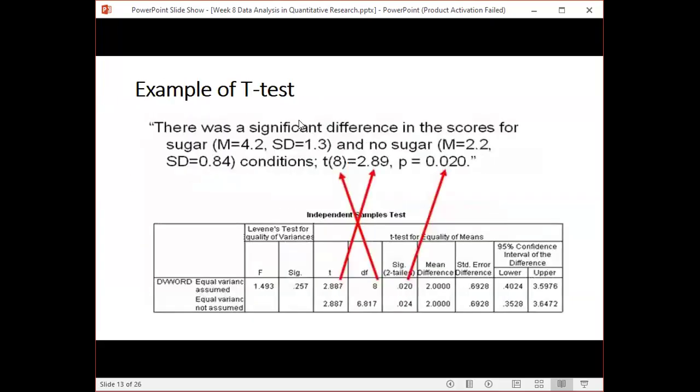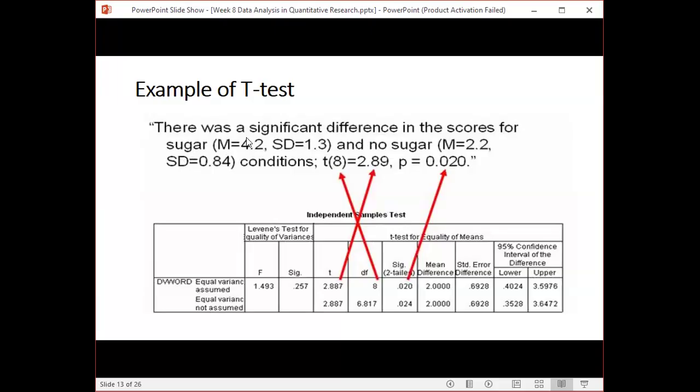So this is an example of a t-test, and this is coming from SPSS, right? So those of you who know SPSS or have used it before, here what is being tested is that we want to find out if there's a difference in the scores for sugar, right?